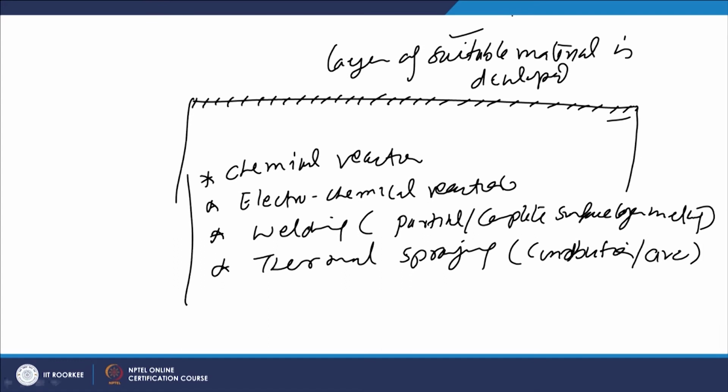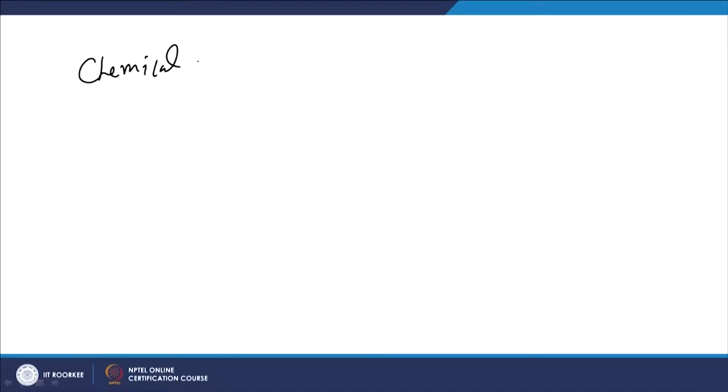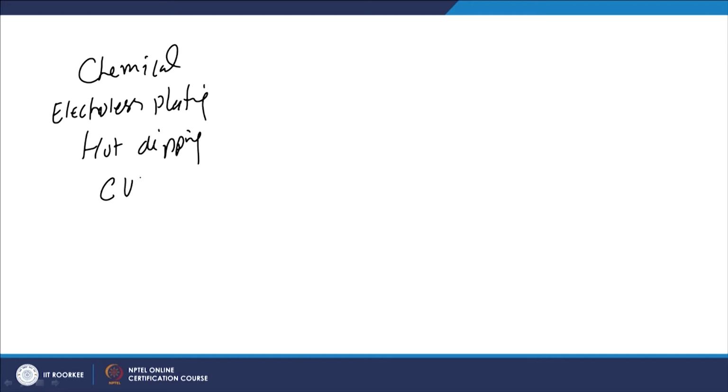So, if we talk about the first, the chemical methods, where chemical reactions are involved, electroless plating is one method, hot dipping is another, and physical and chemical vapor deposition, PVD and CVD.